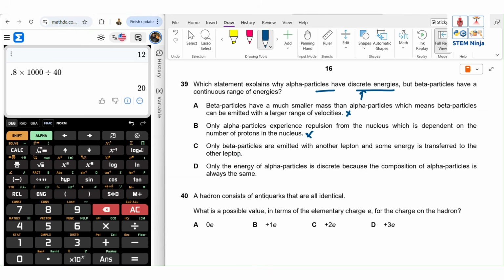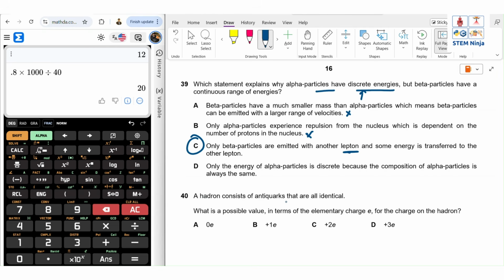No, this has nothing to do with it. Only beta particles are emitted with another lepton, antineutrinos, or neutrinos in the case of beta plus, and some energy is transferred to the other lepton. This is correct, but let's see the other one. Only the energy of alpha particles is discrete because the composition of alpha particles is always the same. Composition has nothing to do with that.